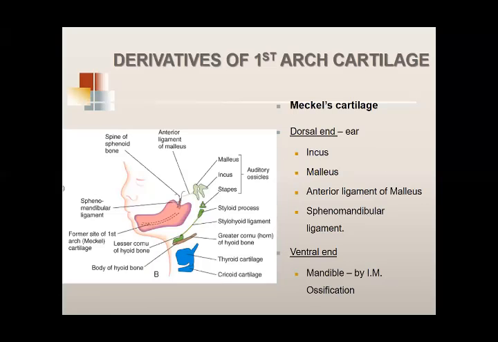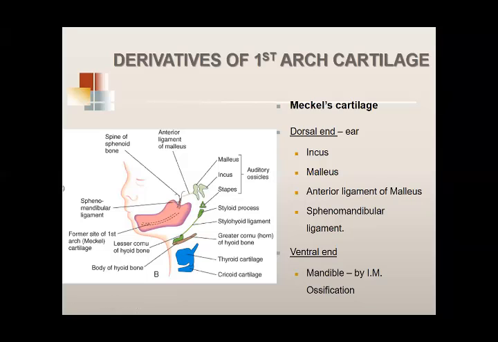When the mandible has developed, then this cartilage degenerates and disappears. इस cartilage का basically purpose ये था कि it actually serves as a guide around which the mesenchyme is formed and ossified to develop into mandible.